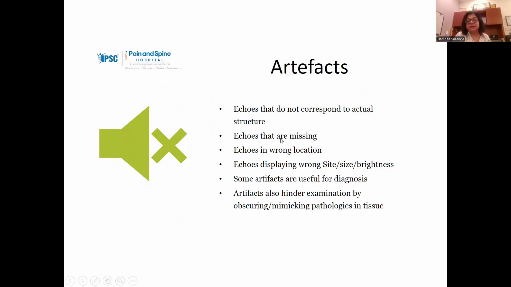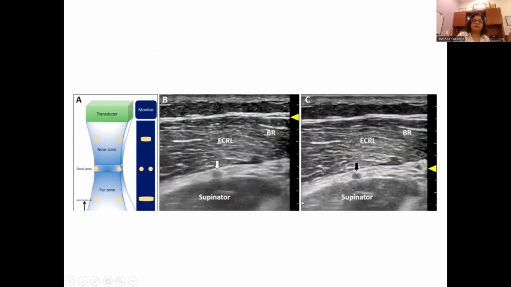Sometimes we get echoes that are missing. Echoes are in the wrong position or location. Echoes display wrong size and brightness. Some artifacts are useful for diagnosis. Other artifacts hinder examination by obscuring or mimicking pathologies in the tissue. That was too much, so let's talk one by one.